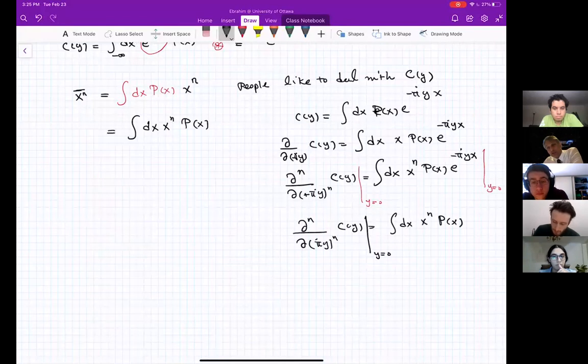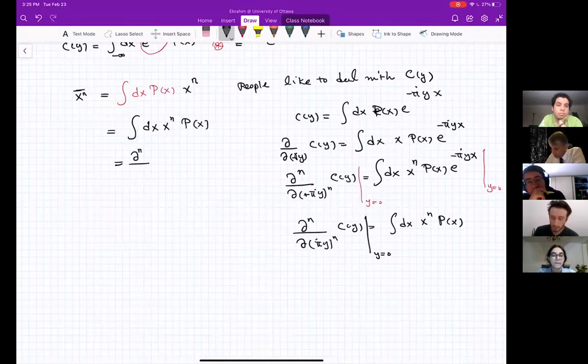This is exactly what I was looking for. And that's one of the reasons that people prefer to work with the characteristic function, because it is easy to do the Fourier transform. Then you are not dealing with integrals, but taking derivatives of that. Then that is given by iy to the power of n, with a negative sign, by the way, this should be a negative sign, of C(y) at y equal to 0.